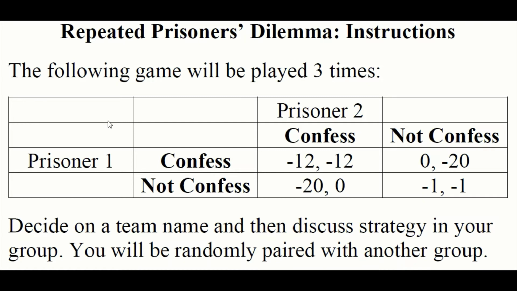If I play cooperatively in round 1, you can reward me with cooperation in round 2. Likewise, you can try to punish me if I play uncooperatively in round 1 by playing uncooperatively in round 2.